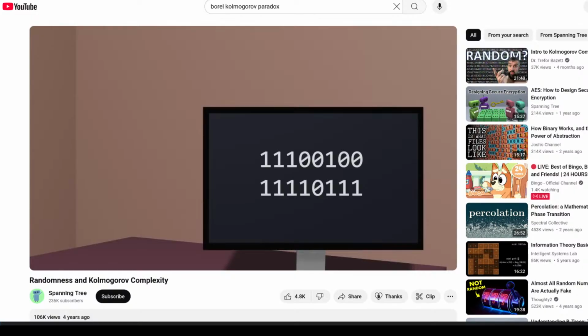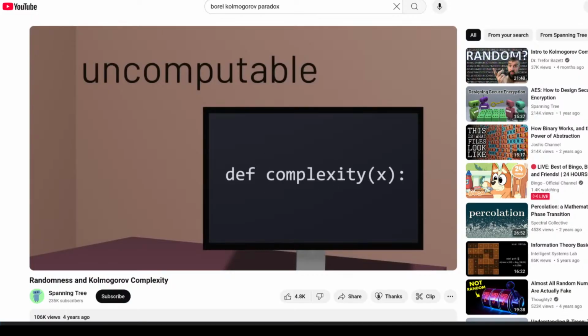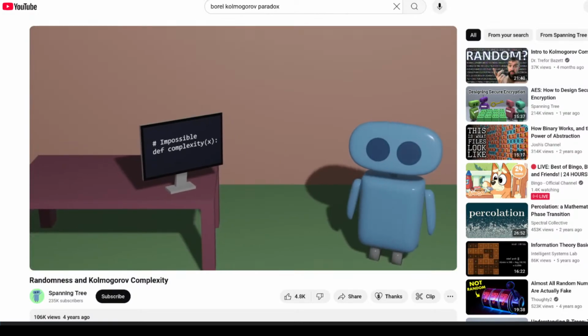In particular, Kolmogorov complexity is uncomputable, which means not only is there no existing function that can take any sequence and determine its Kolmogorov complexity, it's been proven to be impossible for such a function to exist at all. The idea that not all functions can be computed is a fascinating one, and a topic worth exploring too, but for now, it means that it's impossible in general to calculate what the Kolmogorov complexity is for any given input.